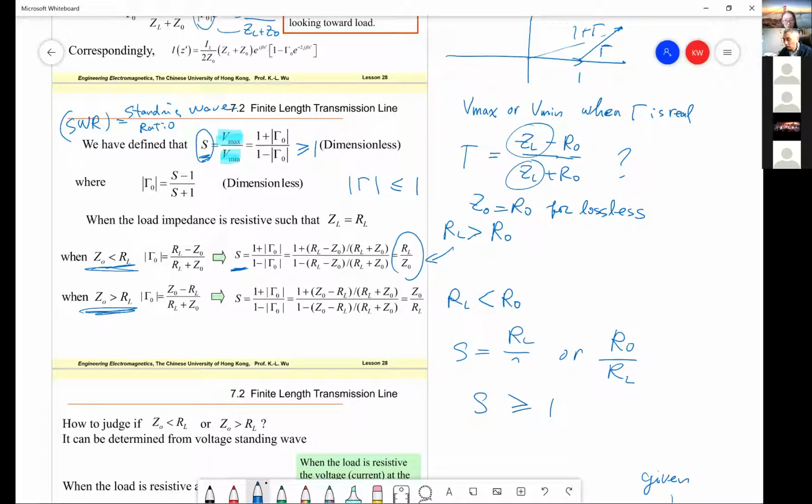All right, so in this case, larger than or equal to 1, of course, the load is large, right?